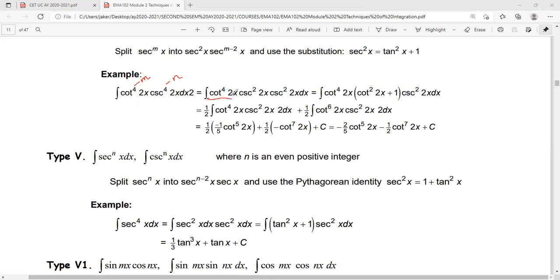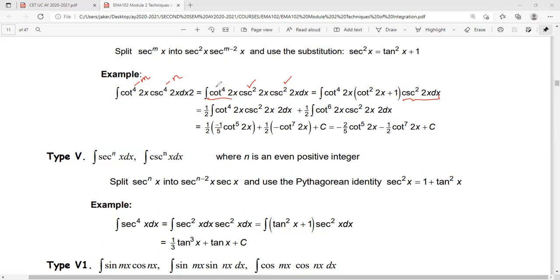We just copy it. For your cosecant, you split it into 2. Since this is 4, the reason why it has to be even and positive, that's the requirement a while ago. I cannot scroll up because I'm already in the annotation mode. So you split it into 2. So you have this one and this one. The other one you set aside. It's already the derivative of something, whatever that something is.